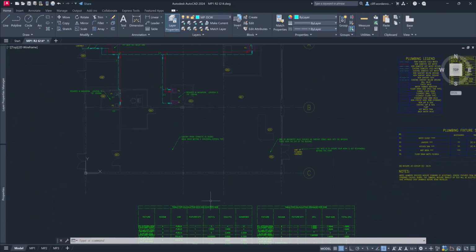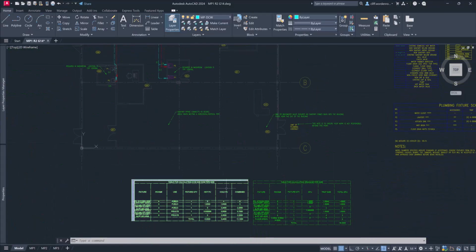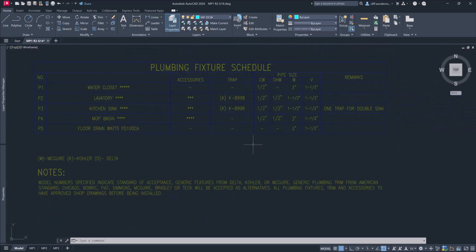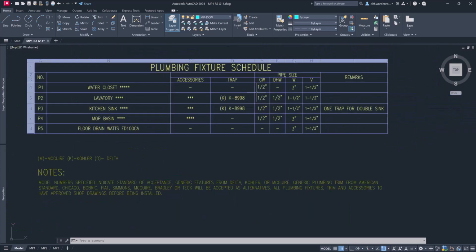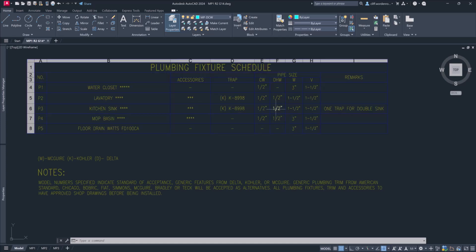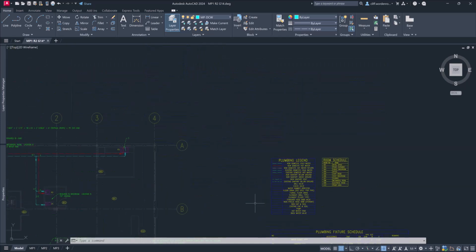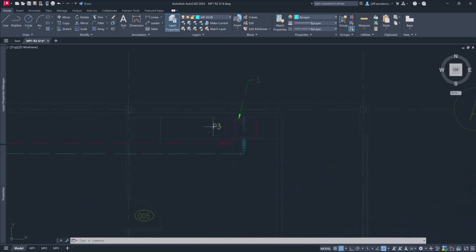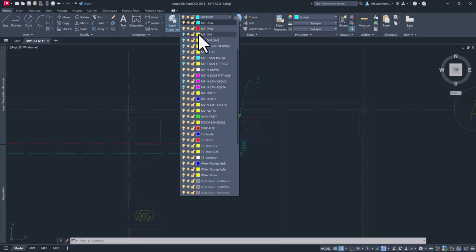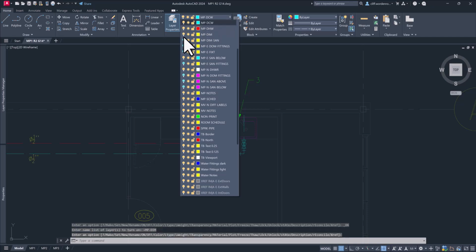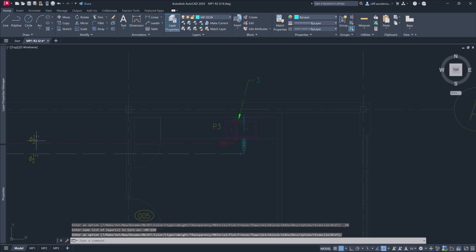And if you remember for a sink, it is in my table over here. The kitchen sink here has a 1/2 inch cold water and domestic hot water line, right? So it is a 1/2 inch line. So I am good. So I put the 1/2 inch line over there.